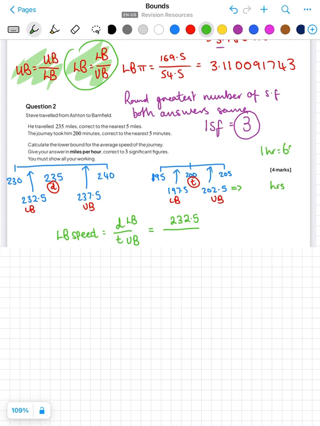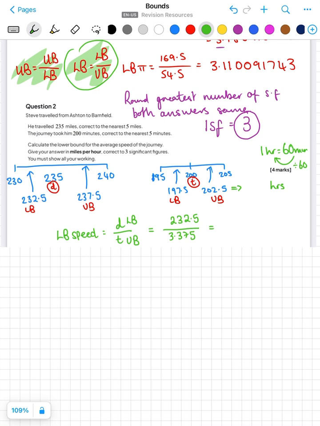1 hour equals 60 minutes. So to convert minutes to hours, we divide by 60. So that's 202.5 divided by 60 to get 3.375 hours. Pop that in your calculator.